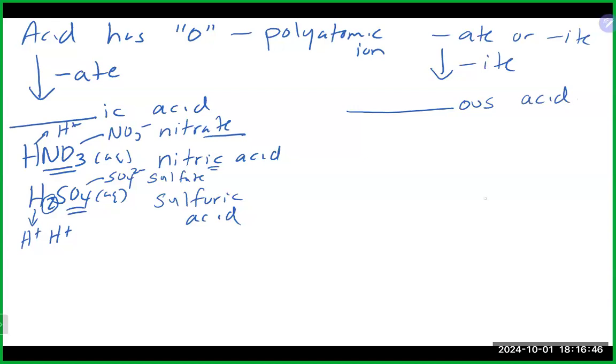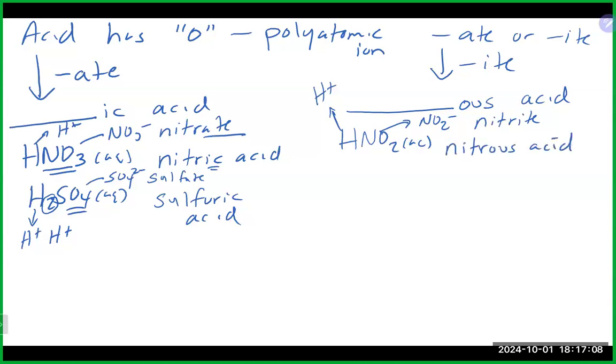So if we take HNO2, which is an acid, here again, our cation is H plus. This is our anion, which is our polyatomic ion of NO2 minus. That is nitrite, ITE. That becomes nitrous acid.